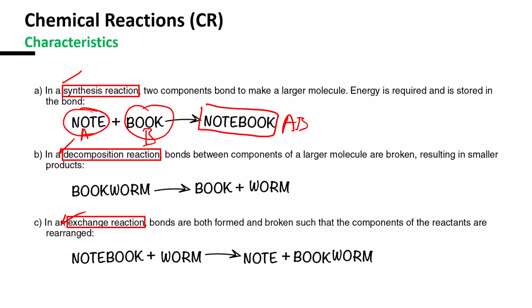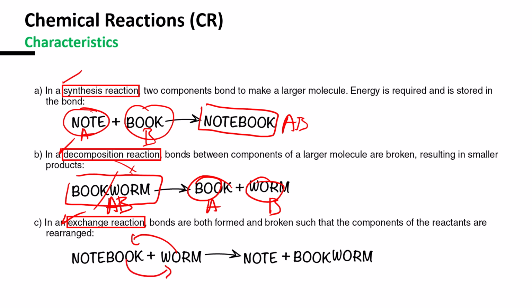You start with a word like bookworm, and decomposition, as the name implies, decomposes or breaks down the word into book and worm, right? Or if we think about bookworm being like AB, book will be A and worm will be B, so it will separate them. And the exchange reaction, as illustrated here, is when, instead of breaking down, you just exchange between one word and another.